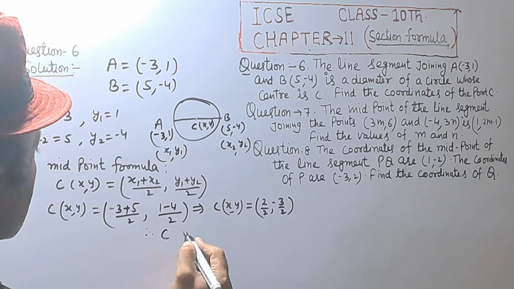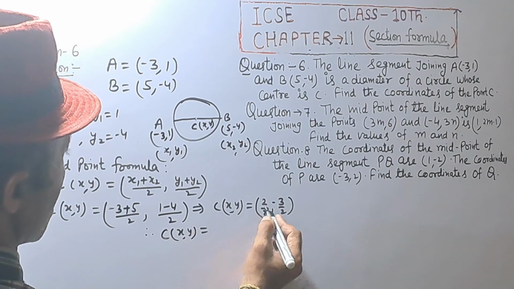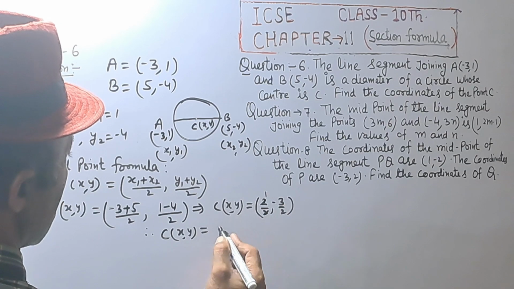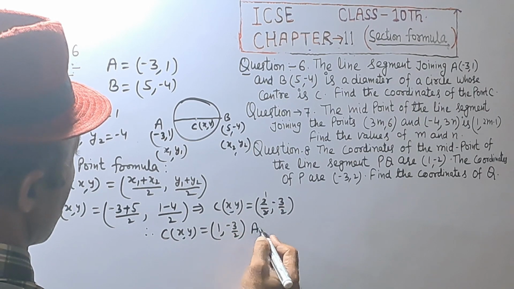So we get C(x, y) is equal to (1, -3/2).